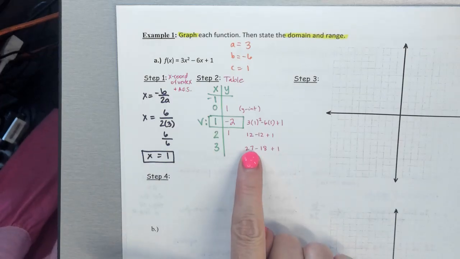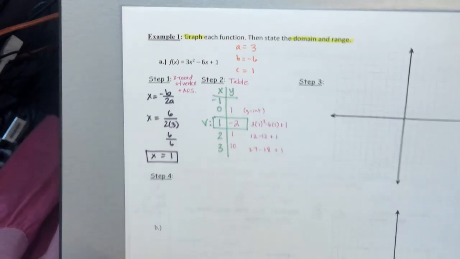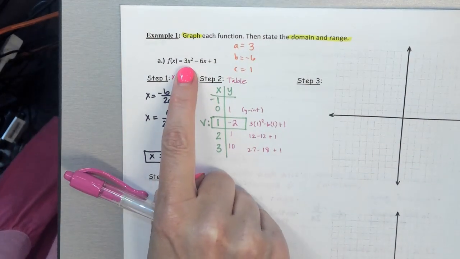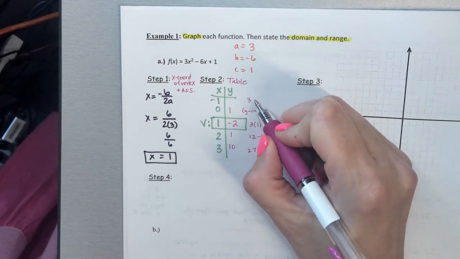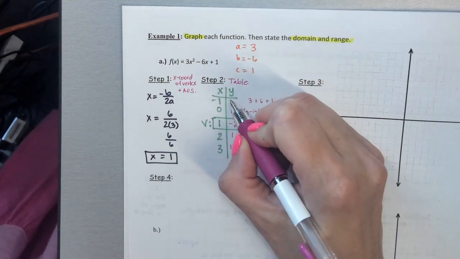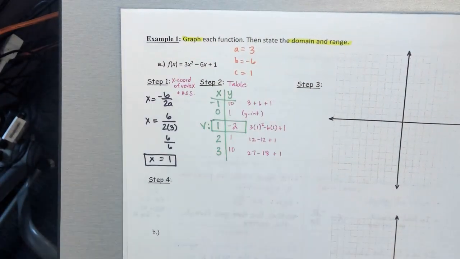I would add these together first. And then again, I would just check this. Negative 1 squared is 1. 1 times 3 is 3. 3 plus 6 plus 1 is 10. So they should be symmetric if they're the same distance away.